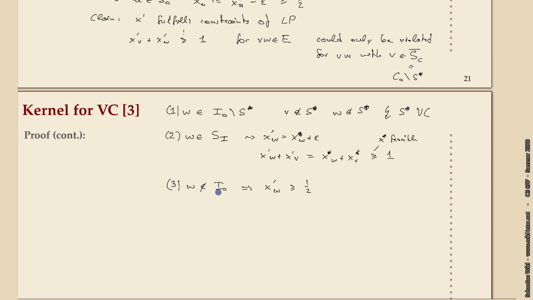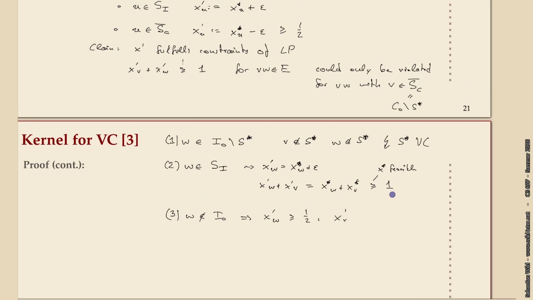So previously, it had a value of 1/2, and we don't subtract anything from it. And for our edge here, we subtract something, but we leave that above 1/2. That's this property. So if both are 1/2, then the sum is at least 1, right?